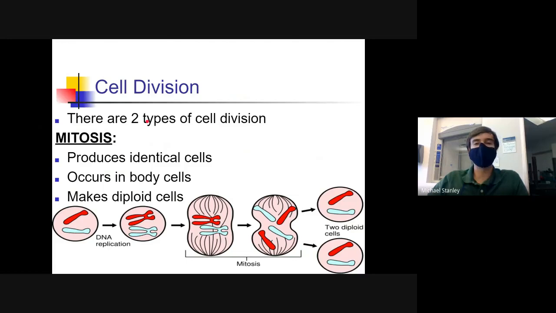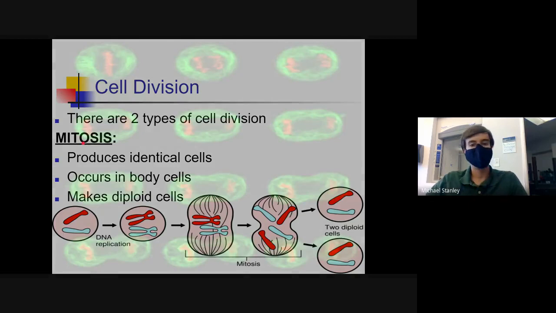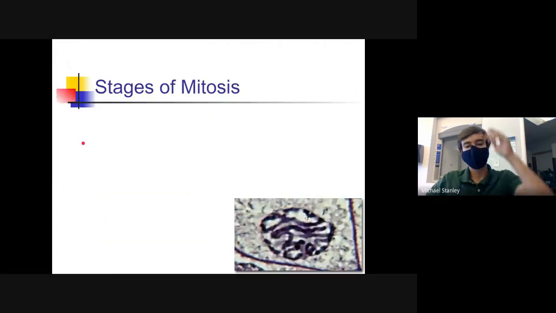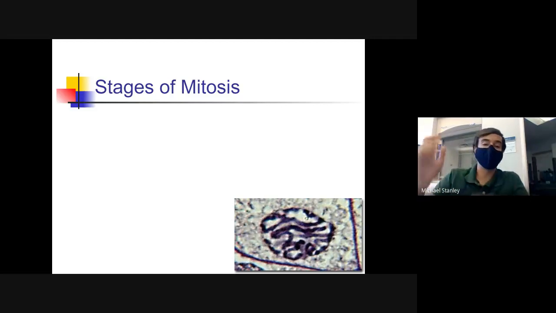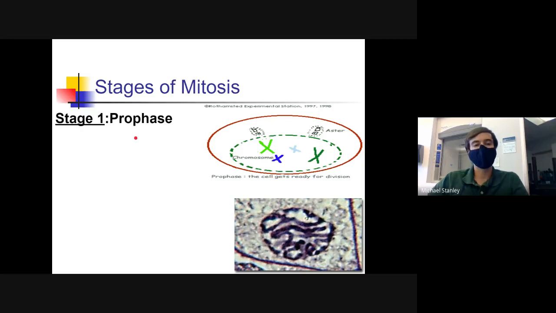Again, I try to remember it is different from meiosis because mitosis has a 2 here in the middle, because in mitosis, we're making 2 cells. So when the cell is getting ready to actually physically split apart and go through mitosis, there's 4 stages that we go through.